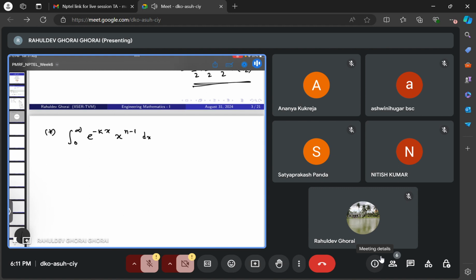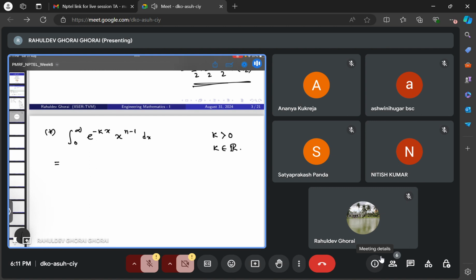Okay, or you can take a positive number, no problem. You just start with a positive number, but k belongs to the set of all real numbers, it can be any real number. So how to proceed for this question?